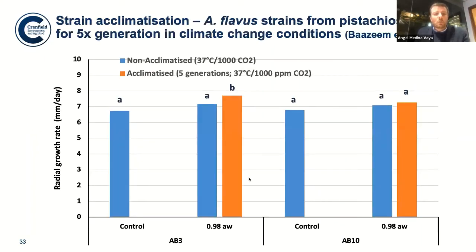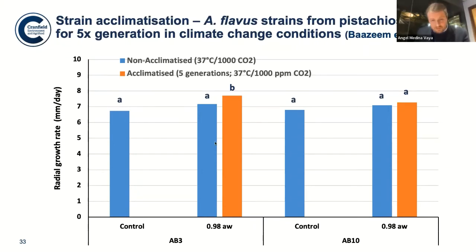So here we have some Aspergillus flavus that in this case we isolated from pistachios. Same problem in pistachios as in maize. We can have contamination with Aspergillus flavus. And then we looked at the growth of non-acclimatized in blue versus the acclimatized for 5 generations until we arrived at 37 degrees and 1000 ppm.